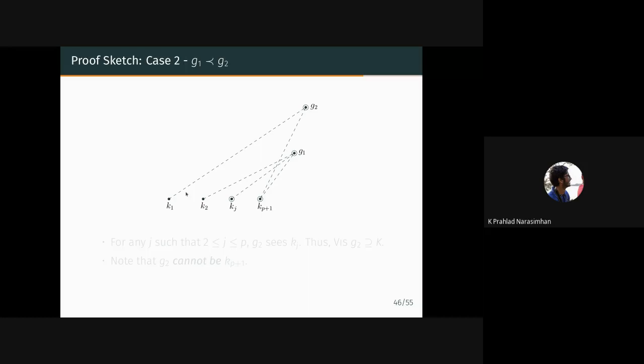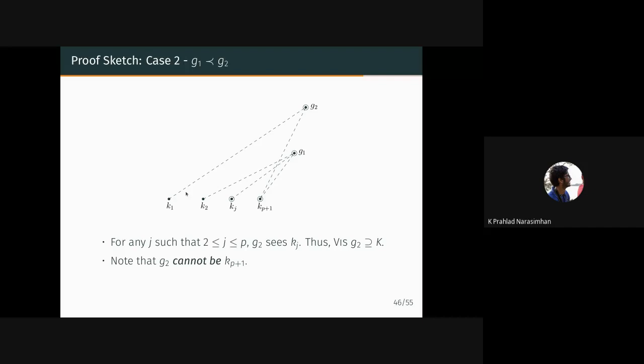And if I apply the order claim on this again, I will get that G2 sees Kj. And since Kj was anything between K2 and Kp plus 1, G2 sees all of K dash. Since G2 sees all of K dash as well as K1, G2 sees all of K. So we are done here.